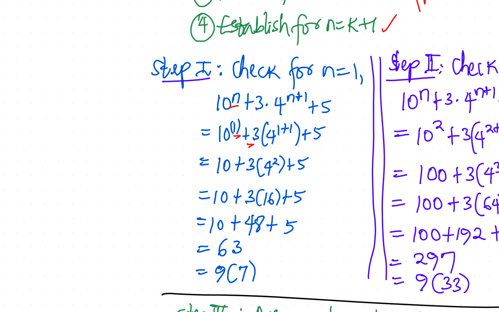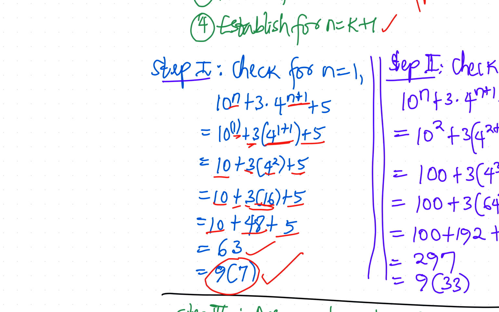Then you have 3 here. This is 4 raised to the power 2 because 1 plus 1 is 2. Then you have 5. So 10 plus 3 into 16 plus 5. 3 times 16 is 48. Everything sums up to 63, and 63 is actually 9 times 7. So when you put n equals 1, the expression is divisible by 9.